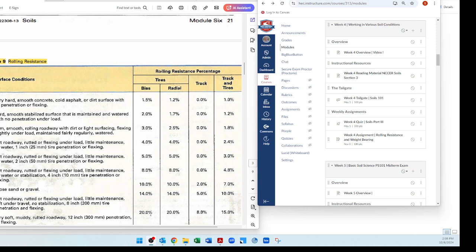Multiply 64,800 times 0.2, which is 20%, equals 12,960, plus 54,000 equals, I don't know, I hit something wrong there. Hold on. Let me clear that. Hate it when I get into math trouble. Take the 54,000.